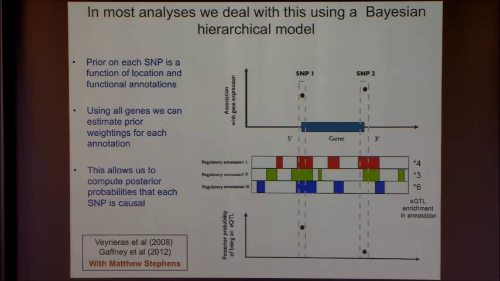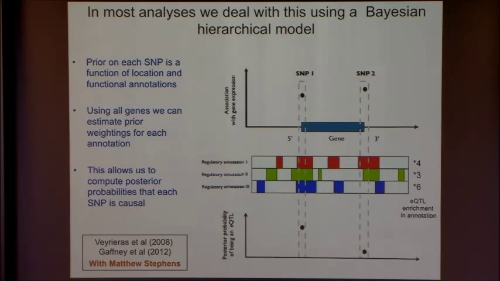Each SNP is annotated according to various kinds of putative regulatory annotations, or distance from genes, location with respect to genes, and so on. Then at the global level, we can use all the genes in the genome to ask about the relative enrichment of causal sites in each type of annotation.